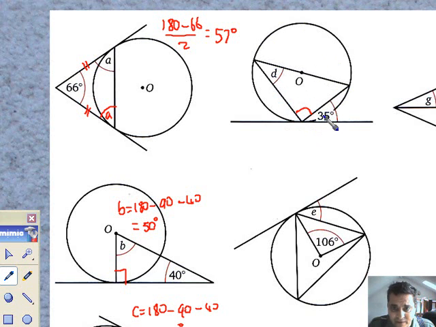Essentially, the 35 degree angle made there with the tangent and that chord is exactly the same as the angle inside the triangle in the other section of the circle, the alternate segment of the circle. Therefore D is 35 degrees straight away. There's no further calculation. It's a question of spotting this grade A rule, and it is grade A.